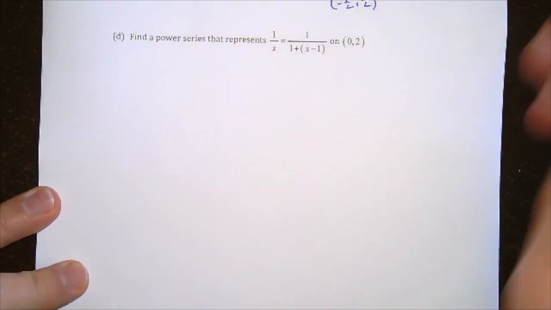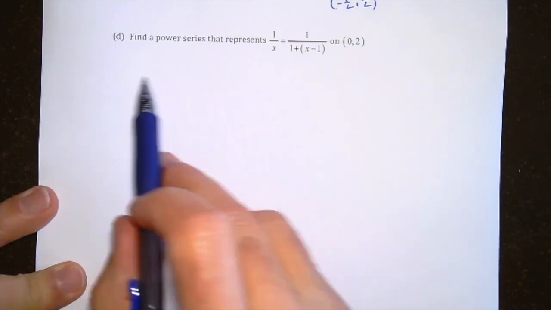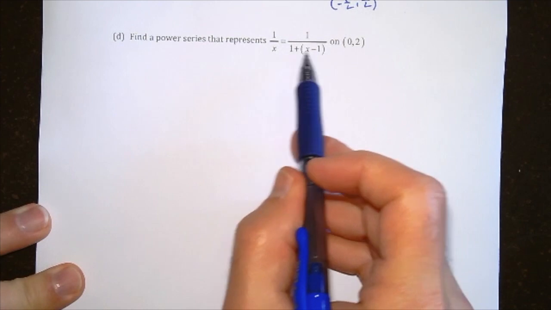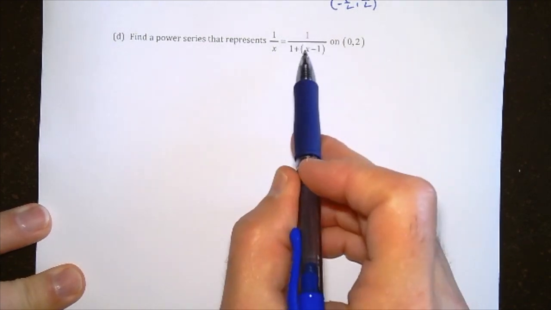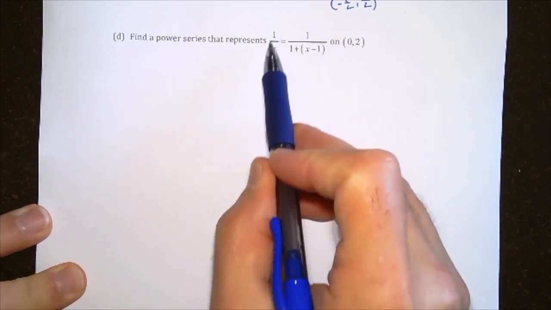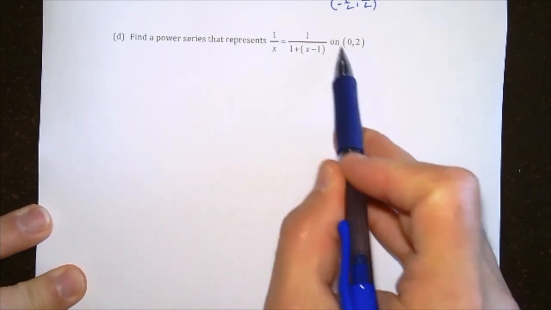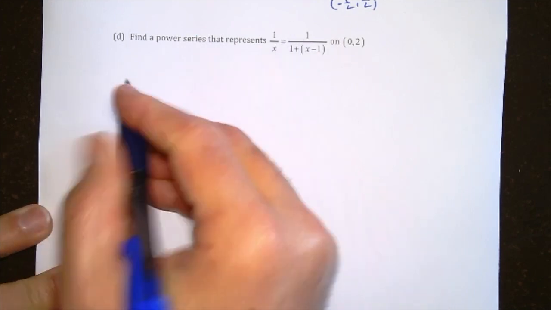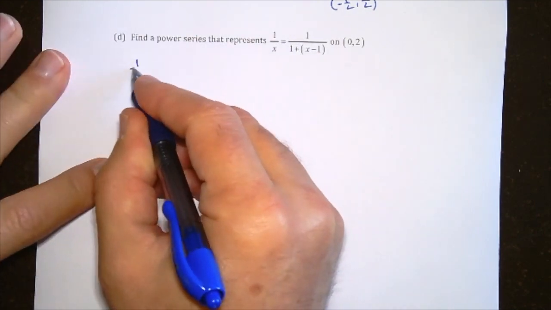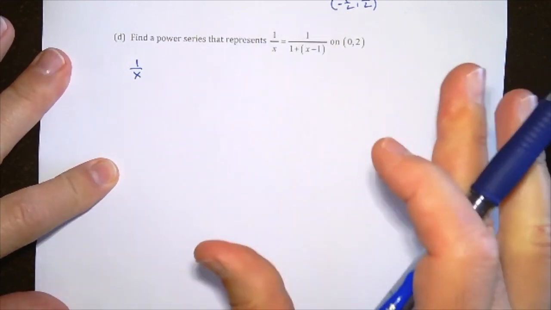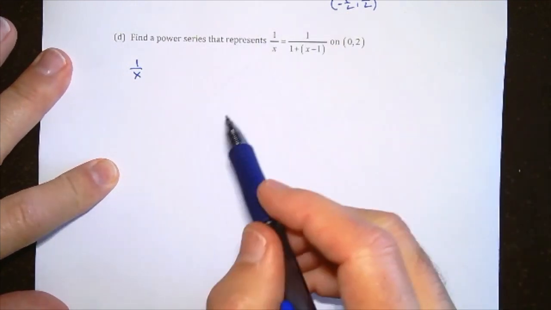Okay, for this next one, we want to find the power series that represents 1 over x. Now, how do you come up with this? We're going to talk about this in a minute. But we want to show that's a power series that represents this on this interval 0 to 2. So if we start with 1 over x, I need to get it into that form of 1 over 1.